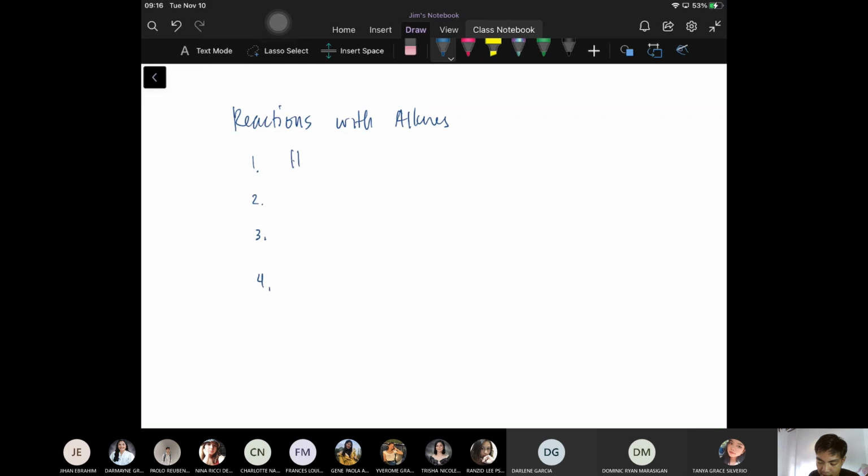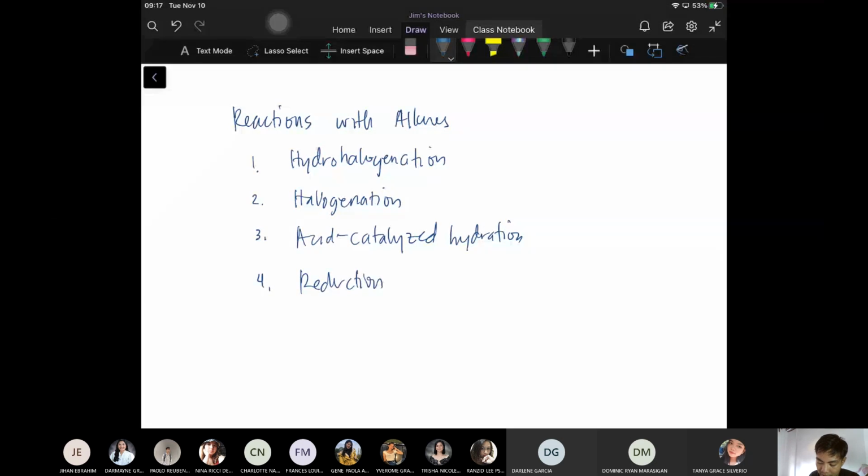So we have the hydrohalogenation, the halogenation, the acid catalyzed hydration, and finally the reduction, or hydrogenation pala.